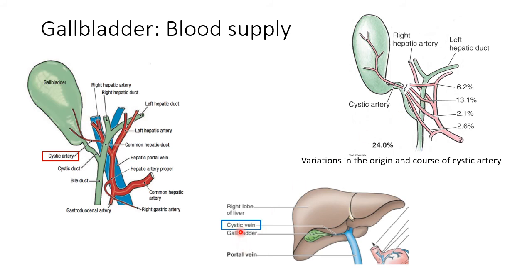The cystic vein usually drains into the right branch of the portal vein.